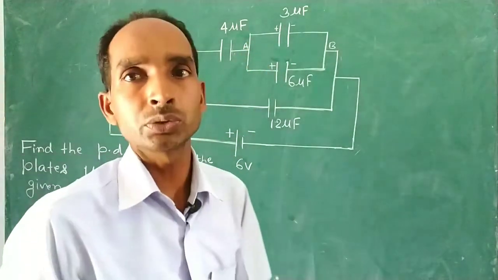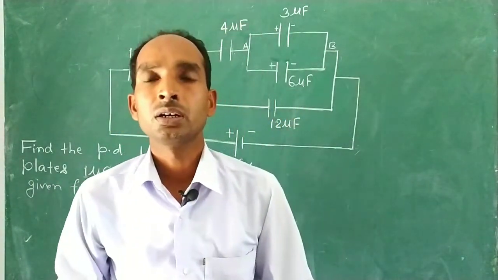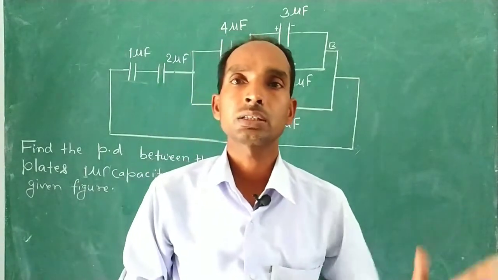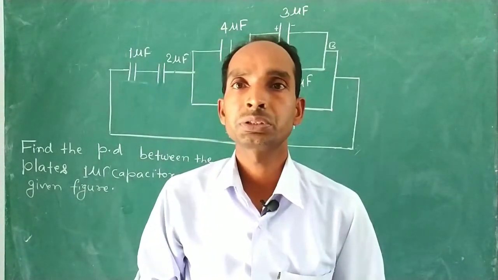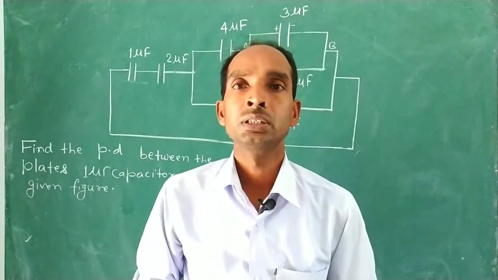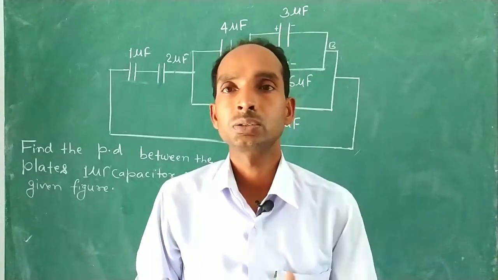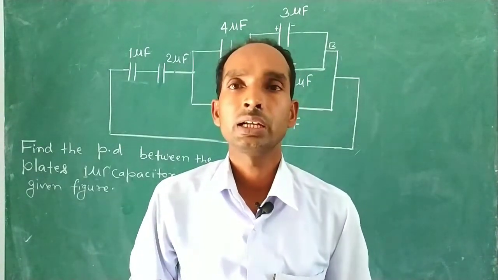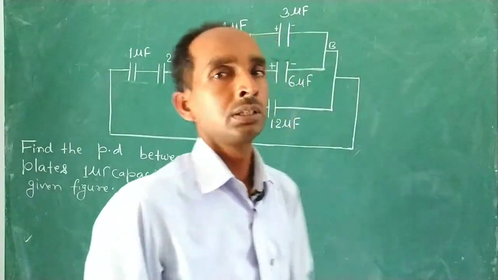Parallel combination is one in which the first plates of the capacitors are connected to the same point with the positive charge, and the other plates of all the capacitors are connected to the negative charge and the other point.